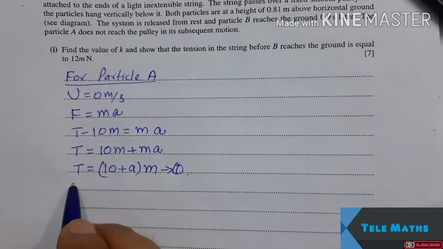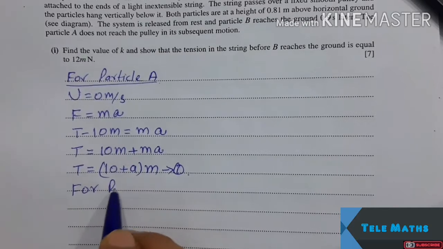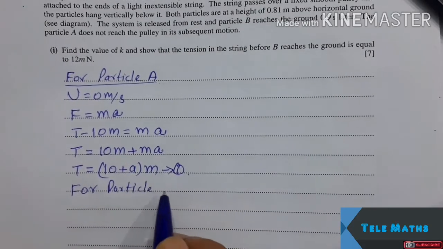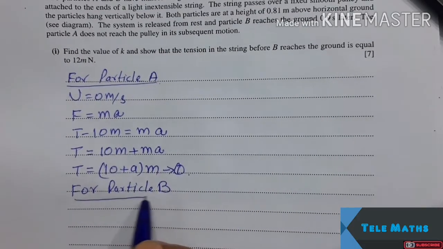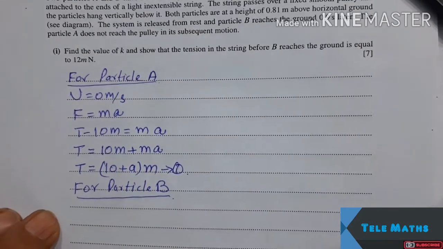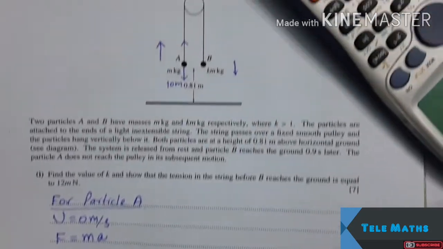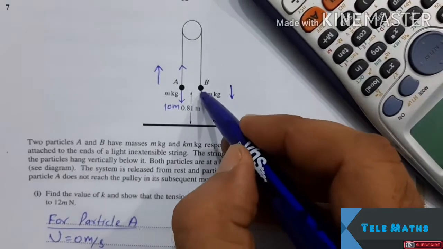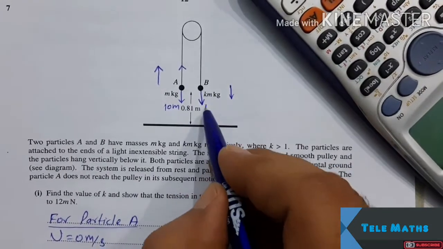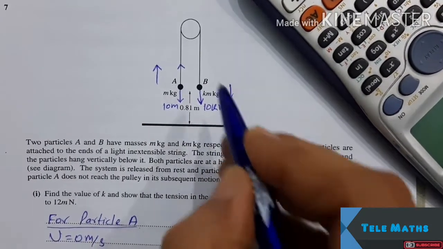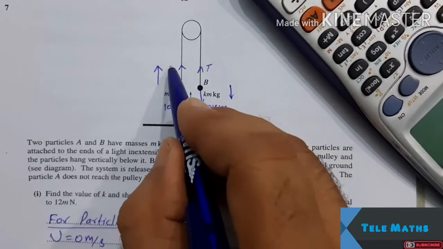Okay, for particle B, the particle is actually moving downwards, so its weight is 10km and upward tension.